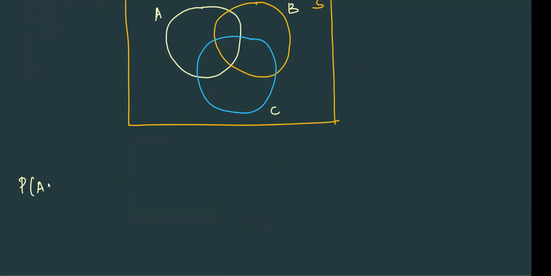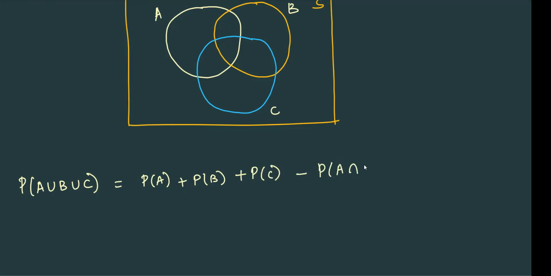Probability of A union B union C is probability of A plus probability of B plus probability of C minus probability of A intersection B minus probability of B intersection C minus probability of C intersection A plus probability of A intersection B intersection C.